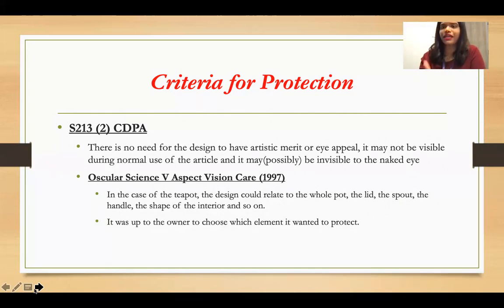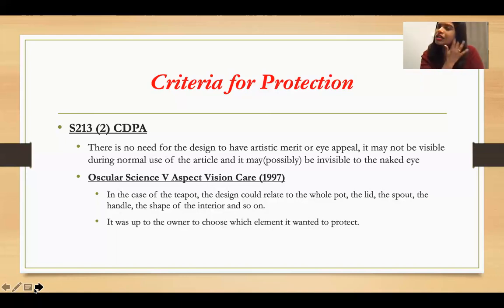213 sub 2 of the CDPA, saying that there is no need to make sure that the design you are trying to rely on has artistic merit, which is very unlike copyright. So under unregistered design rights, it doesn't really matter if it has artistic merit or not. For example, spare parts.